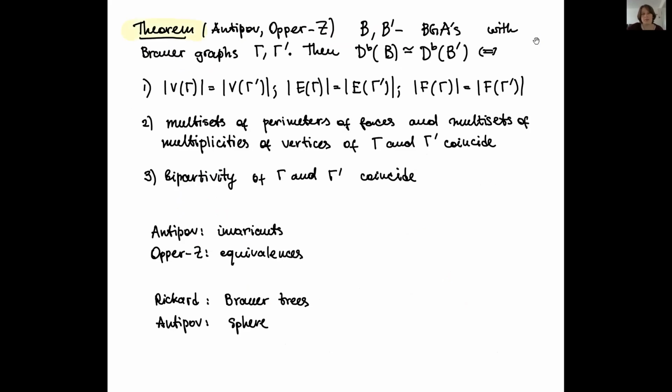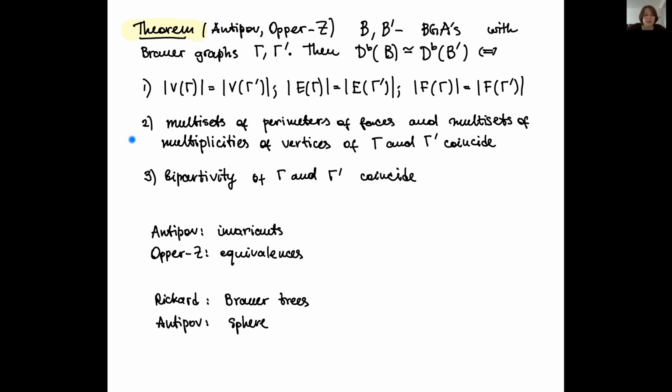The theorem says that two Brauer graph algebras, B and B prime, are derived equivalent if and only if the following conditions hold. First, the number of vertices, the number of edges, and the number of faces coincide, which tells us that the minimal surfaces corresponding to gamma and gamma prime are homeomorphic.